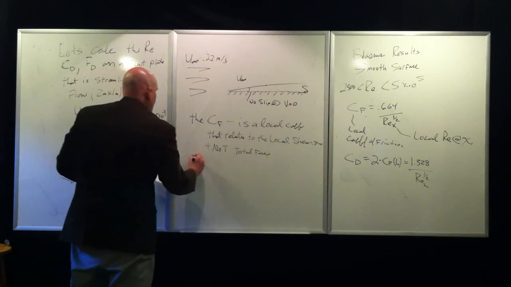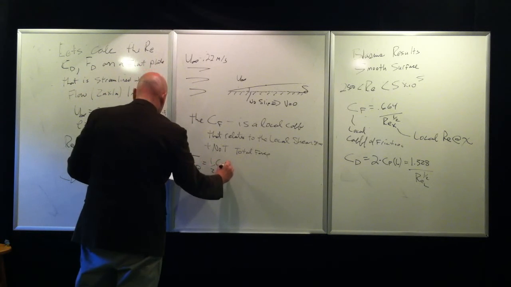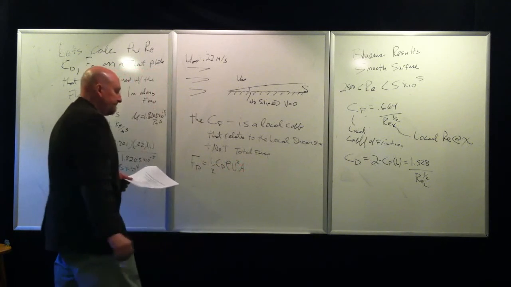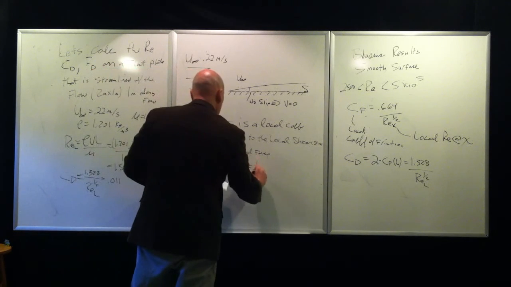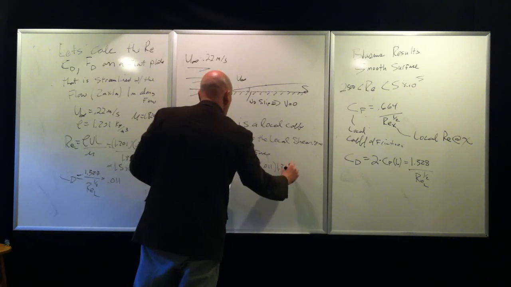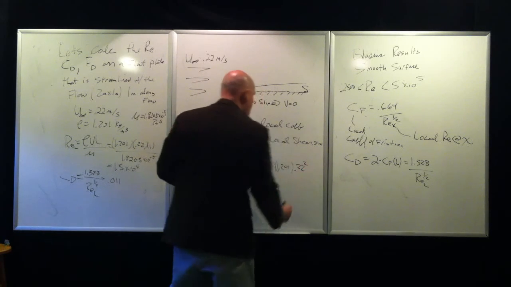Then finally, the force of drag is 1/2 the coefficient of drag, rho v squared A. Substituting our numbers in, 1/2 times 0.011, density is 1.201, the velocity is 0.22 squared.